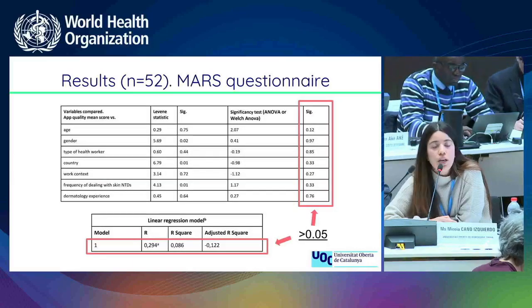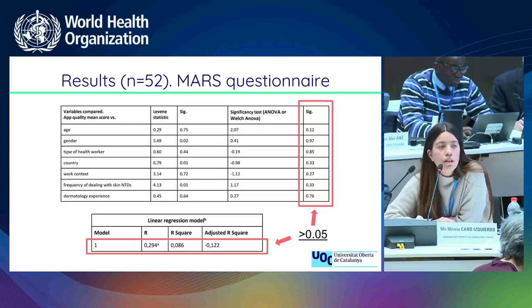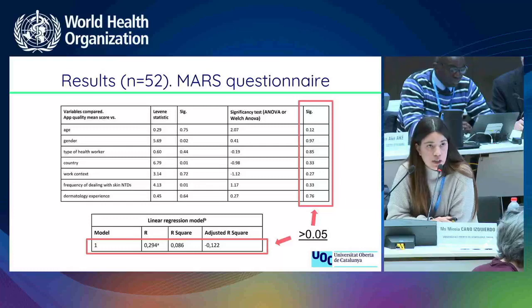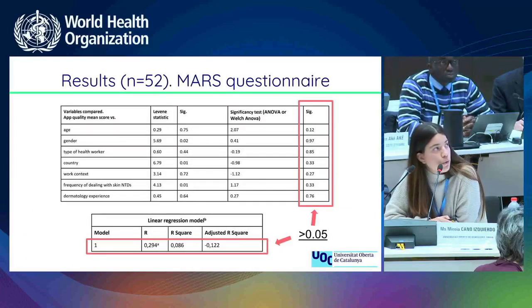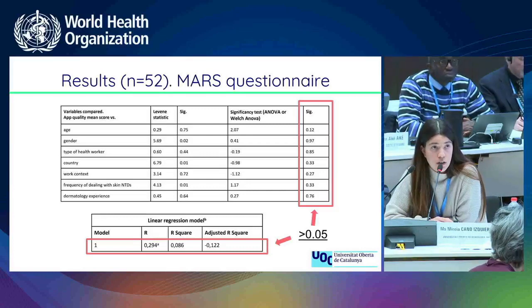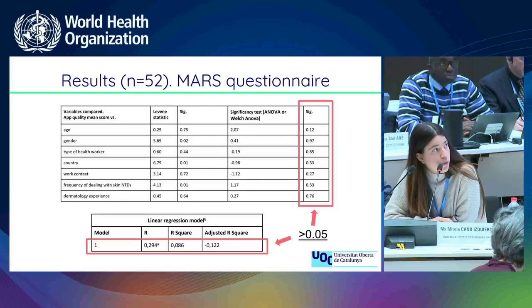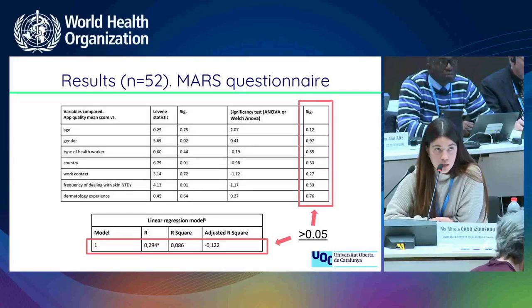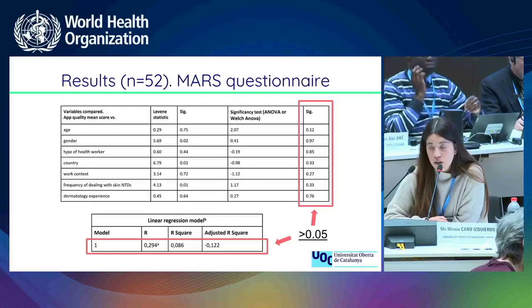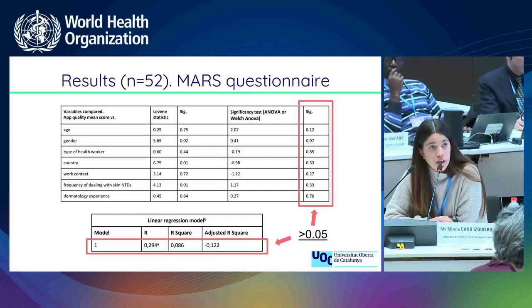And when we did the comparison of the variables, this was really important for us. When we compared our main variable, the objective mean quality score, with age, gender, type of health worker, country, work context, frequency of dealing with skin NTDs, or dermatology experience, we saw that there was no statistical difference. We also conducted a linear regression model, and there was no significant difference.